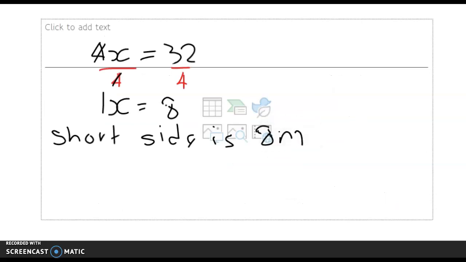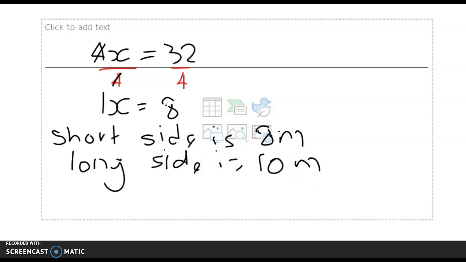And that means the long side was 2 meters more than that. So the long side must be 10 meters. You can double check that. If we get 8 plus 10 gives me 18, and the other two sides are the same, 18 and 18 is 36 meters. So we've done it correctly.